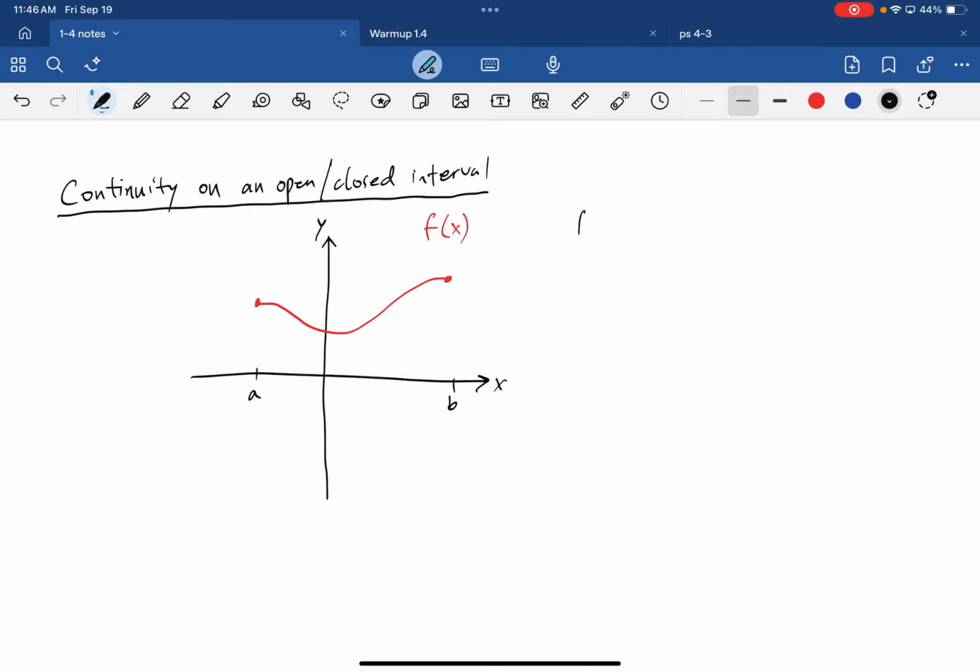Then we would say that f of x is continuous on the closed interval a comma b, right? And it's a closed interval because we have those brackets instead of the parentheses, right? So we're indicating that it's continuous also at the endpoints a and b, not just an open parentheses, but the closed brackets.